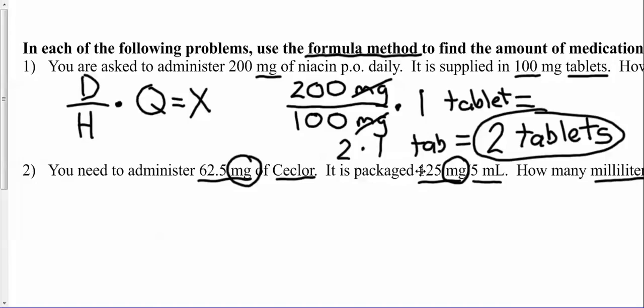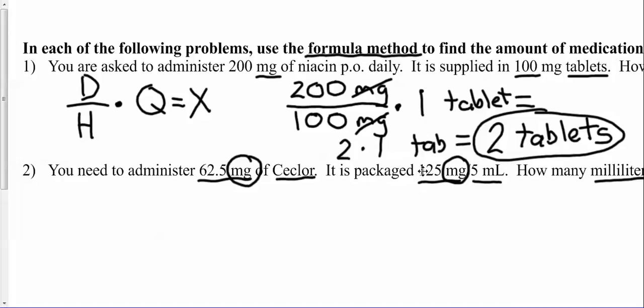And if you looked at the ratio between 62.5 and 125, you would notice that 62.5 is exactly half of 125. Thus, we should administer half of the 5 milliliters of solution. So in step 2, a reasonable estimate would be 2.5 milliliters.